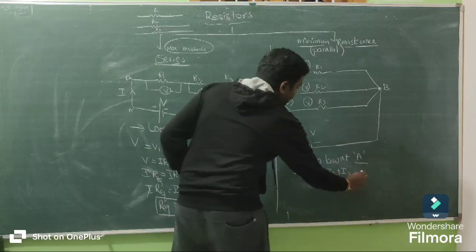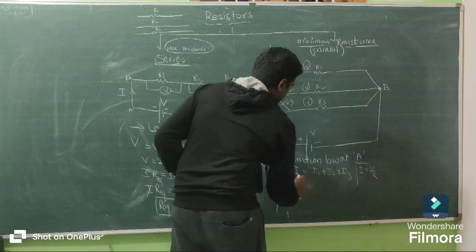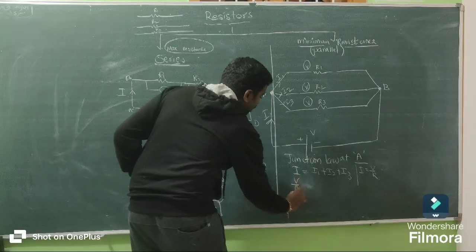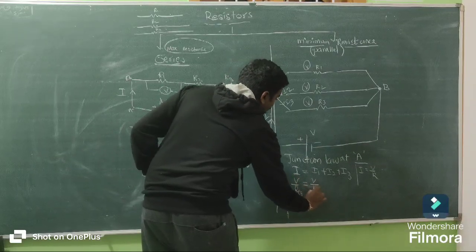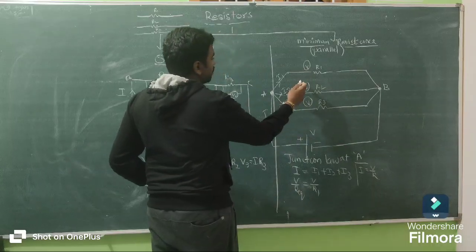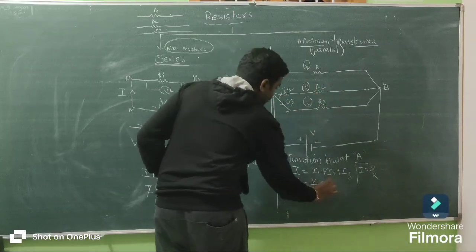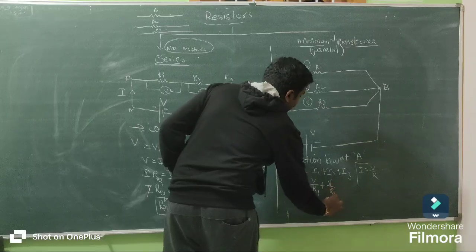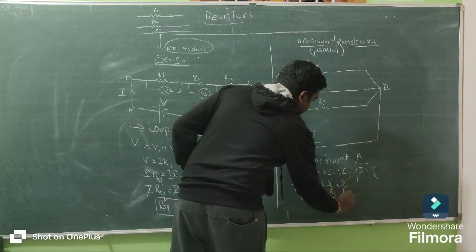So according to Ohm's law, I is equal to V by R. Here we can say V by R equivalent, total resistance, equals V by R1. V is the same in parallel connection across each resistor. Here V by R2 for the second resistor, here V by R3.